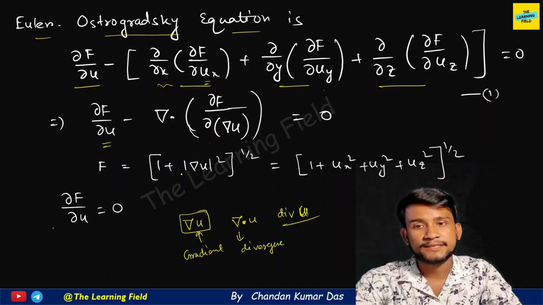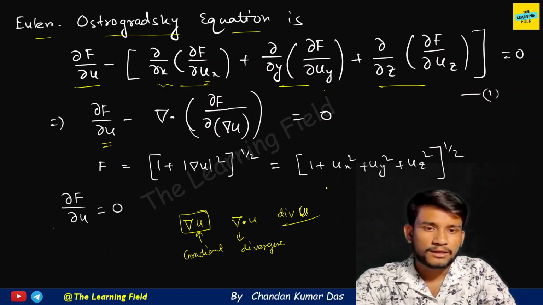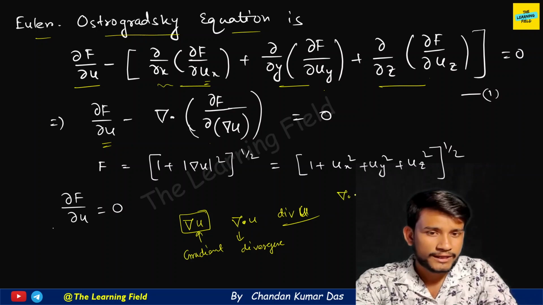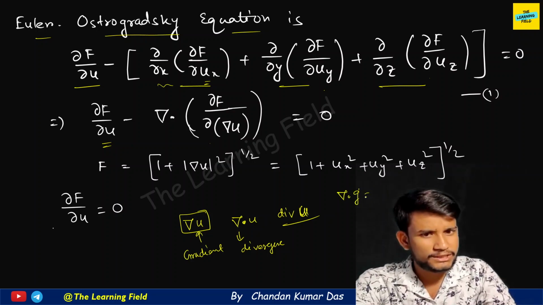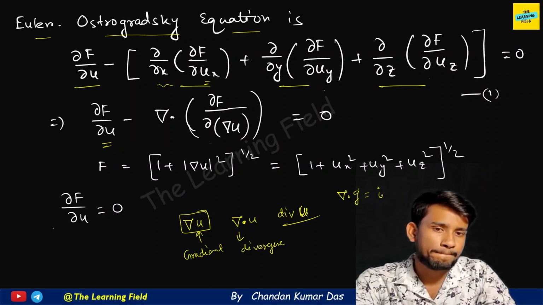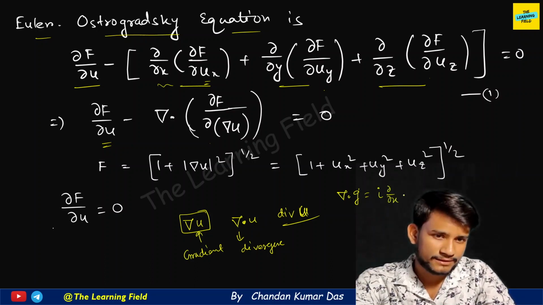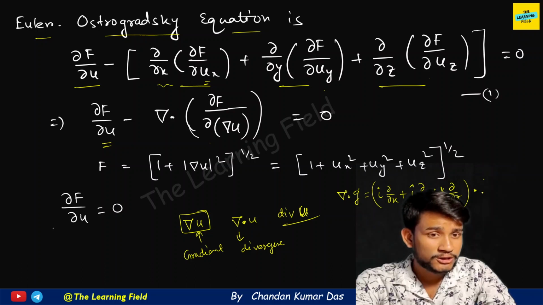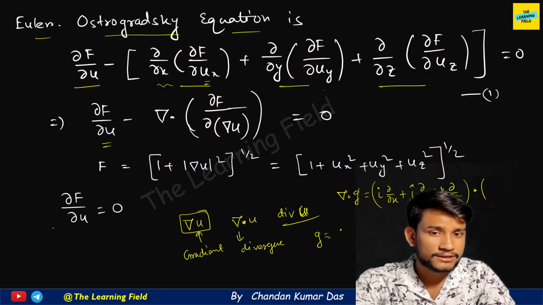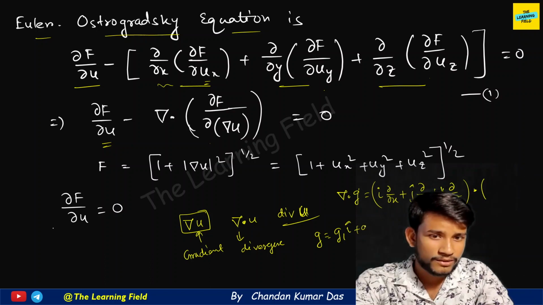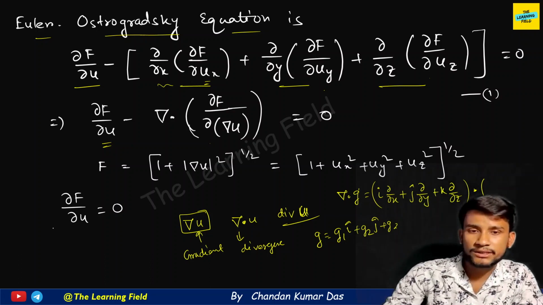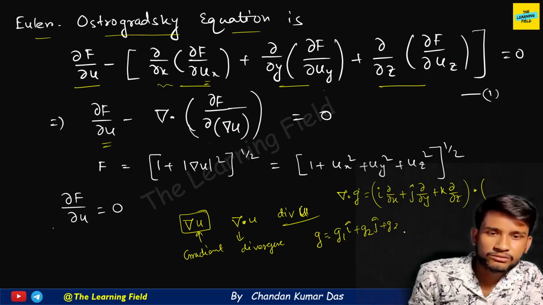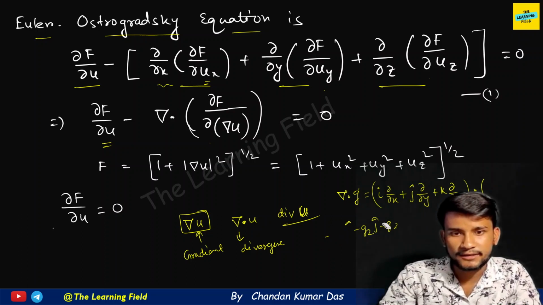Divergence means what? I just write here del dot any function, suppose g, this is equal to i del del x plus j del del y plus k del del z dot g, if this g is a vector function, suppose g1 i cap plus g2 j cap plus g3 k cap. I think you all see this, I just write it on the left side.